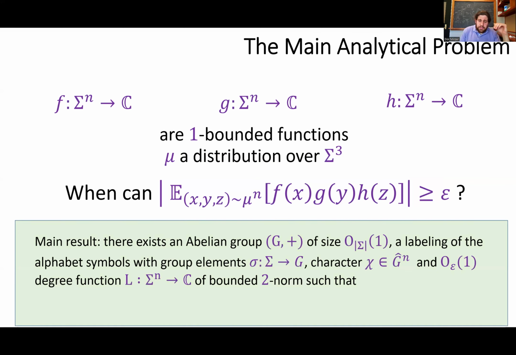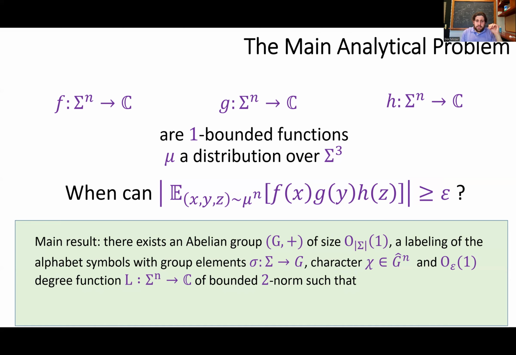So here is the main result of this paper. We prove that under some mild assumptions about the distribution mu, which I don't want to get into because it's a bit too technical, it's something that we call pairwise connected and not having Z embeddings. So you can look at the paper if you want to know what this is precisely.